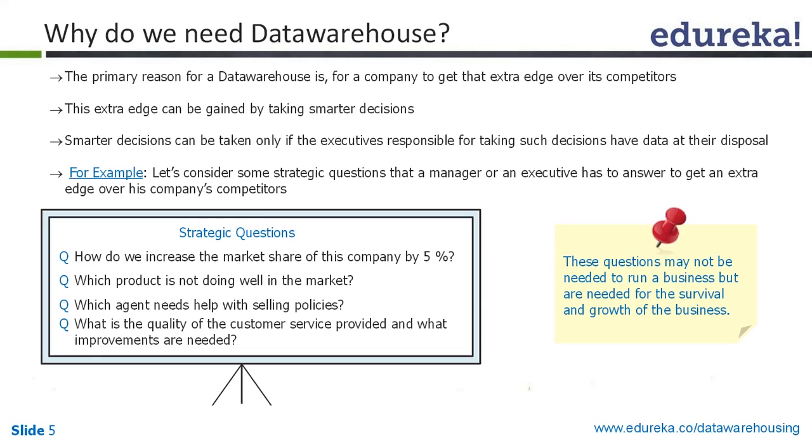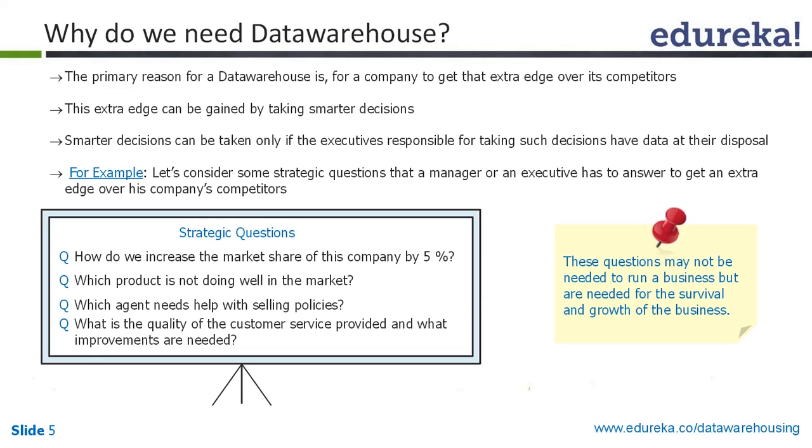I want to make a decision, for example, when I say that this particular product is a hit among the 18 to 25 age group, I will intensify my efforts to market that product to that age group. And suppose I see from the data that a particular product is not selling as expected.